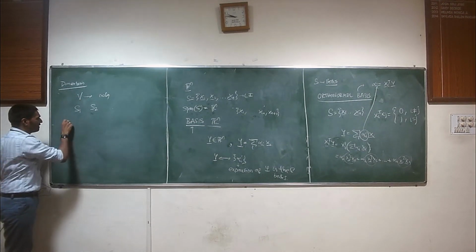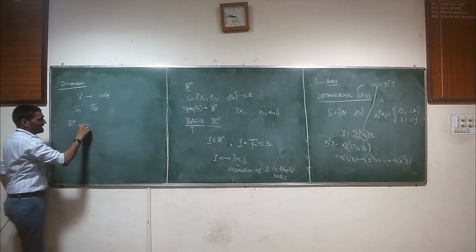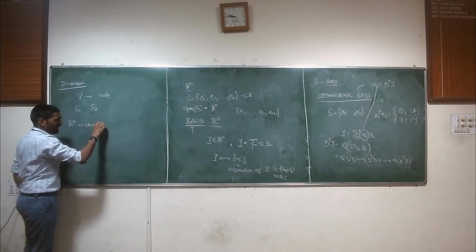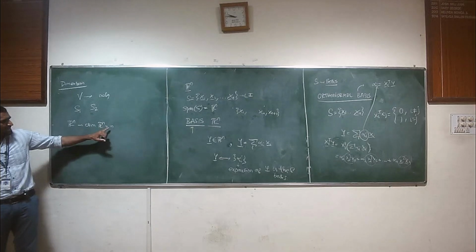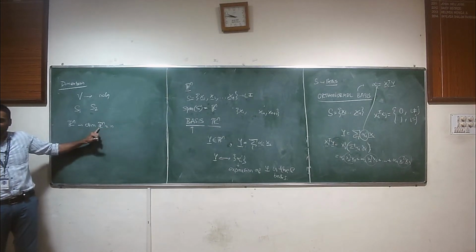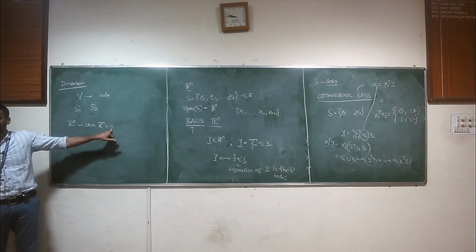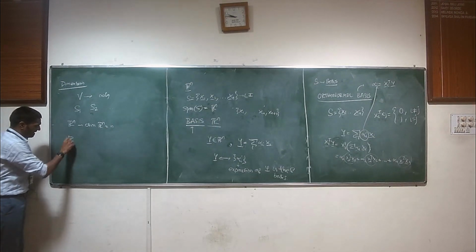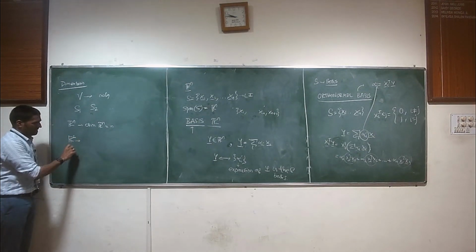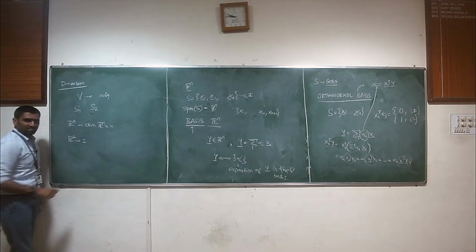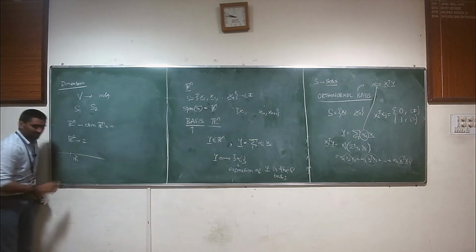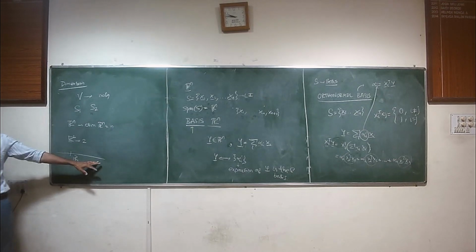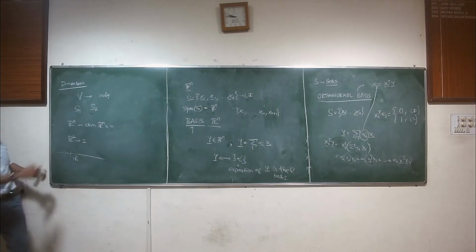For example, the dimension of Rn is n, because a basis for Rn will have n elements. That means the dimension of R2 is 2, a two-dimensional space. If I have just the real line R, the dimension is 1. I hope you get that idea.